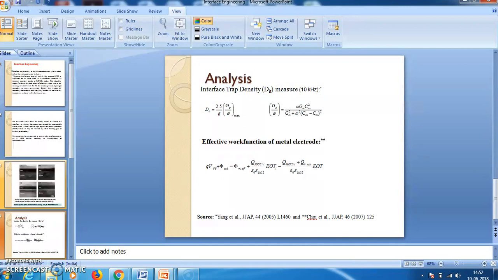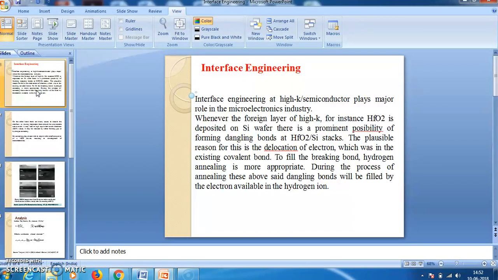In interface engineering, whenever you deposit high-K material, as we discussed, the appropriate high-K material is hafnium oxide. In the current industry, all microelectronics industry people are using hafnium oxide for microelectronic devices.